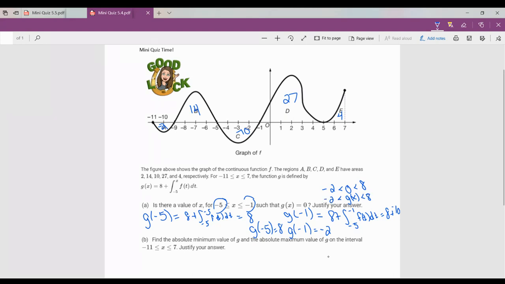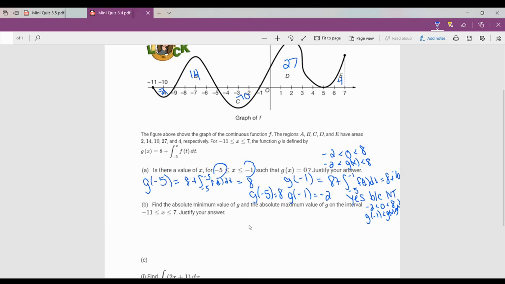We just showed that g goes from 8 to -2, so yes, because of the IVT. 0 is between -2 and 8, which are the values for g of -1 and g of -5. I'm running out of room. Okay, on to the next one.